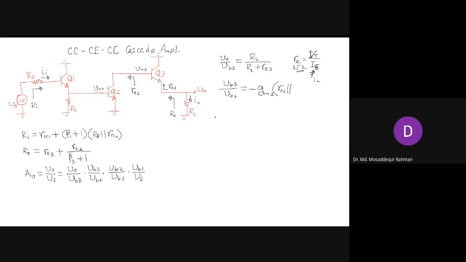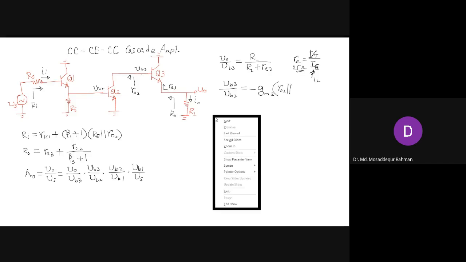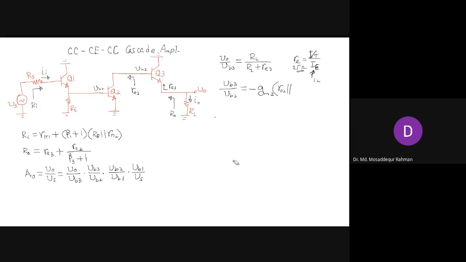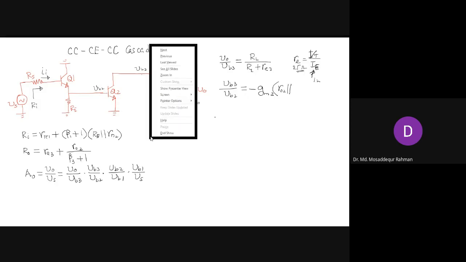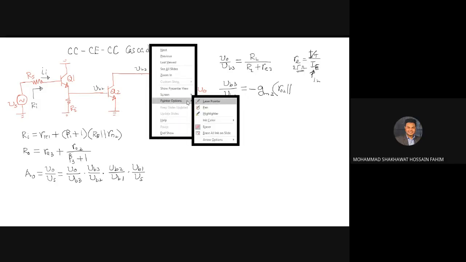Not that, sorry, just RL in the emitter now. You are looking from the base side. It will be easier if you think like this.